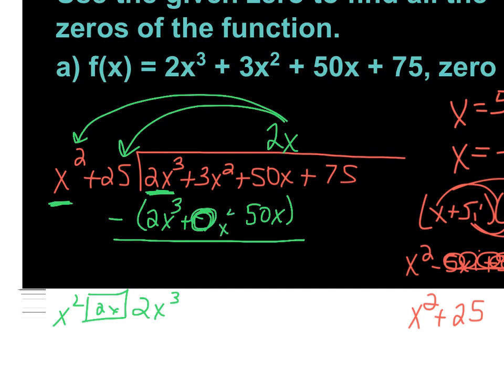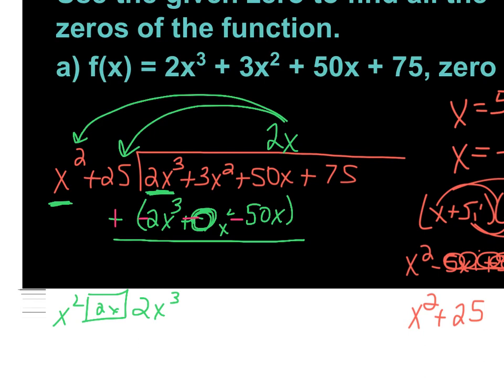Now before I subtract, what do I have to do with that negative sign? So distribute, distribute, distribute, distribute. Yes, sir? Why is there a 0 in the x squared? Because it's a placeholder. There is no x squared. When you multiply 2x times x squared is 2x cubed, and then 2x times 25 is just 50x. So now you should have 3x squared.